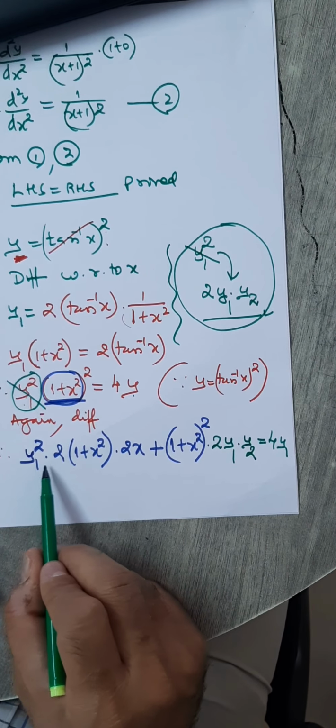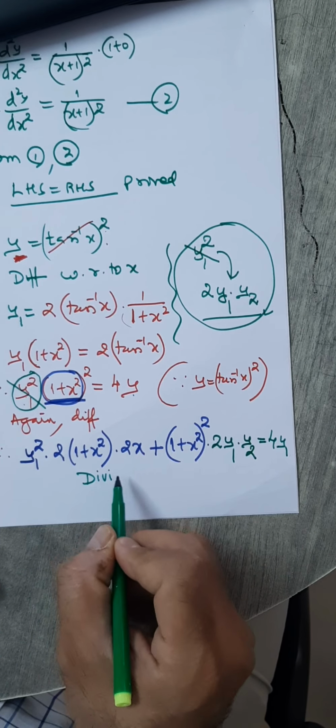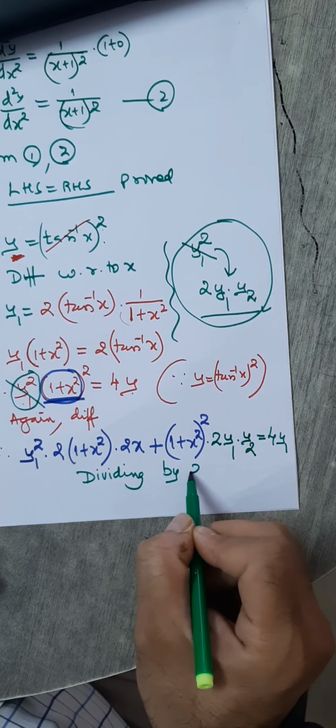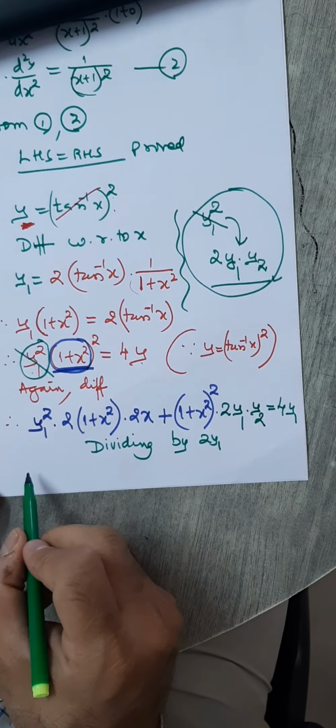Now here you will see that you can find 2y1 common. So dividing by 2y1, this is common throughout, you can see on both the sides.